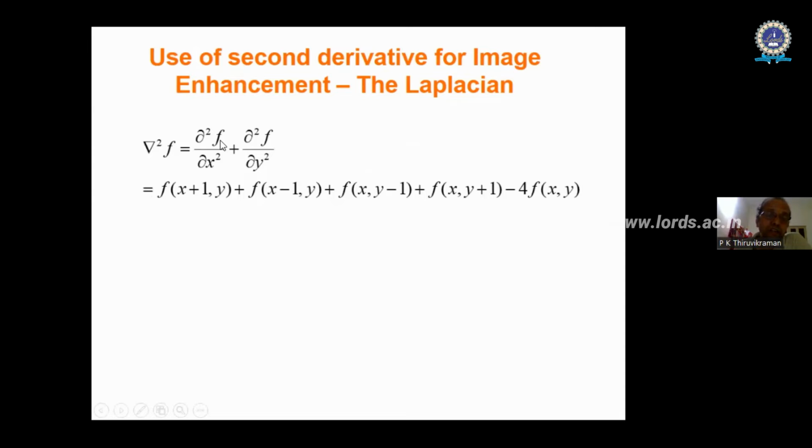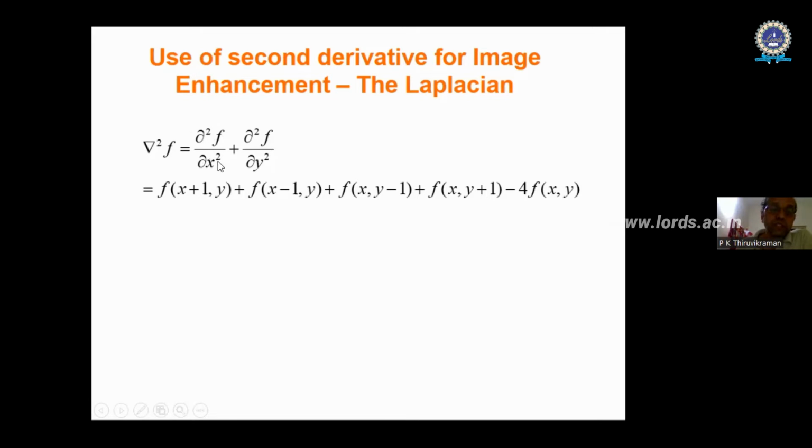You take the second derivative. Now f here is the intensity value. This partial derivative is just given for understanding. It is not that we are actually going to implement this, because remember, f is the intensity values in the image, which is not a continuous function. There is nothing to differentiate here in the usual sense of calculus.